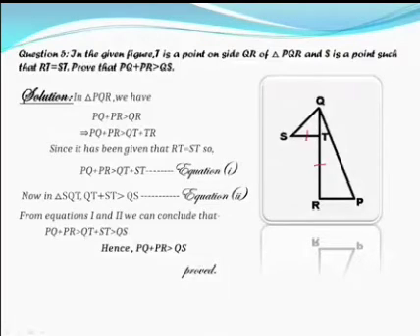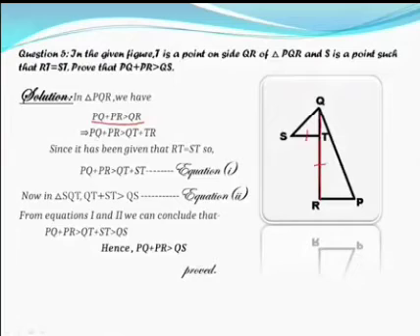For this, first we will take into account the triangle PQR. By the triangle inequality theorem, we can write that the sum of sides PQ plus PR is greater than the side QR. This side QR can be further broken into two parts, QT and TR, and can be written as their sum.